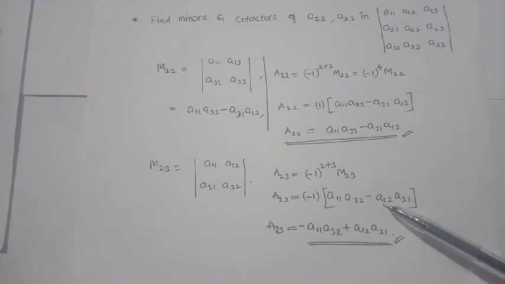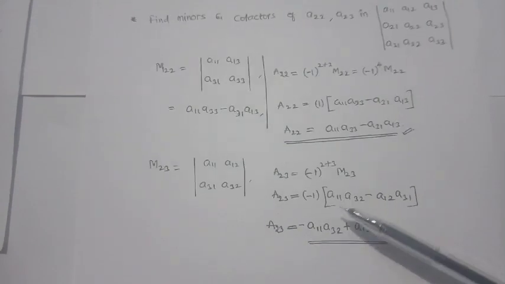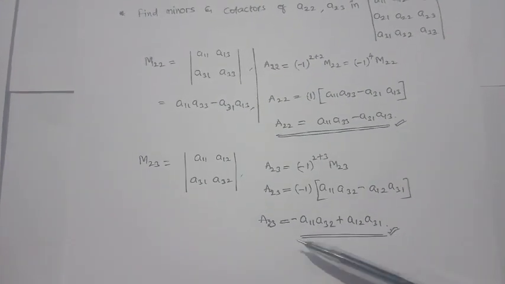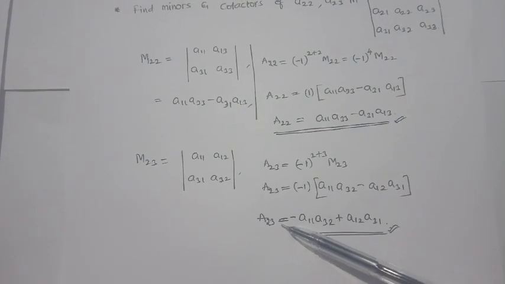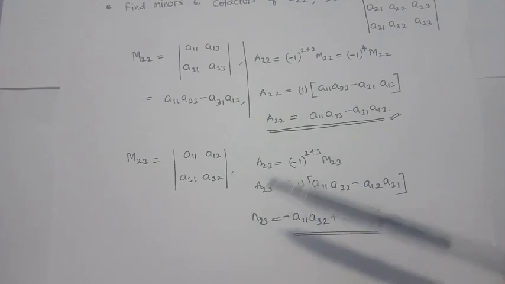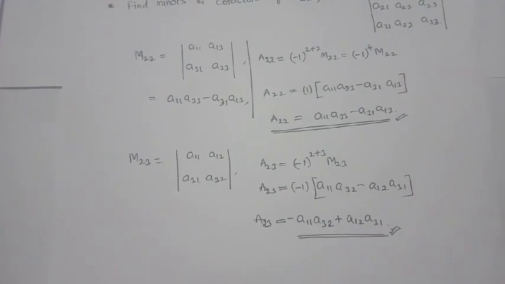Now multiplying these two, the first value will become minus and the second value will be plus. So this is the value of the cofactor of the A23 element. So understand the difference between both the cofactor and the minor.